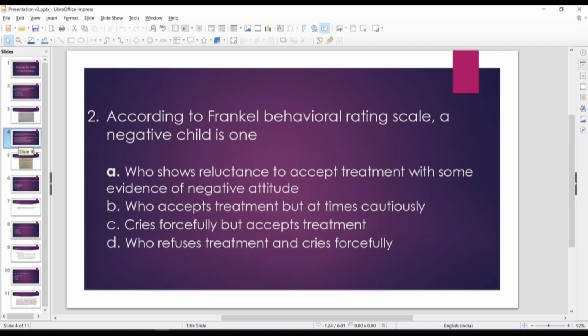That is positive behavior. Option B, who accepts treatment but at times cautiously, is definitely positive. So option A, who shows reluctance to accept the treatment with some evidence of negative attitude, is the key answer. The key point here is reluctance to accept the treatment. That is the keyword for this question.